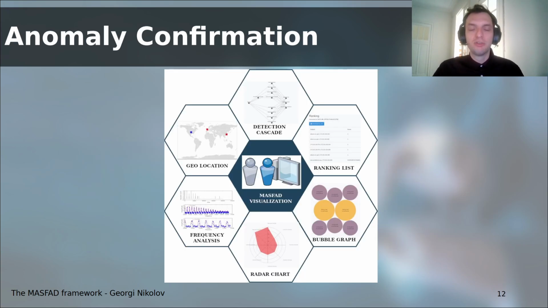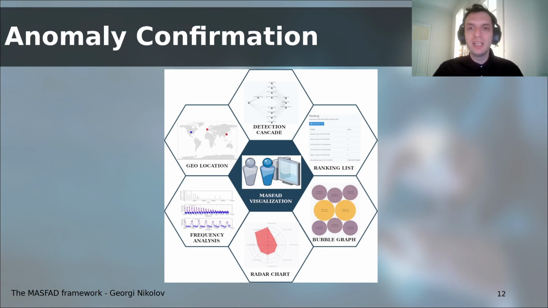To help the anomaly confirmation and the comprehension phase, the MASFAT visualization consists of a multitude of different visualizations. We have already seen an example of the detection cascade, which showcases how the different agents are interlinked. We also have the ranked list itself, which shows information about the different evidences generated.